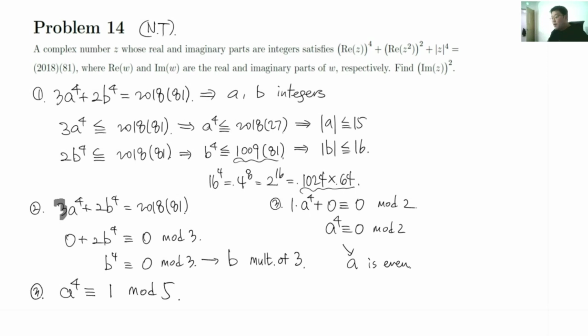a to the power of 4 is equivalent to 1 mod 5 by Fermat's little theorem. It's Fermat's little theorem, FLT. But a has to be relatively prime to 5. If a is not relatively prime to 5, then we get a to the power of 4 equivalent to 0 mod 5. That's the only other case.